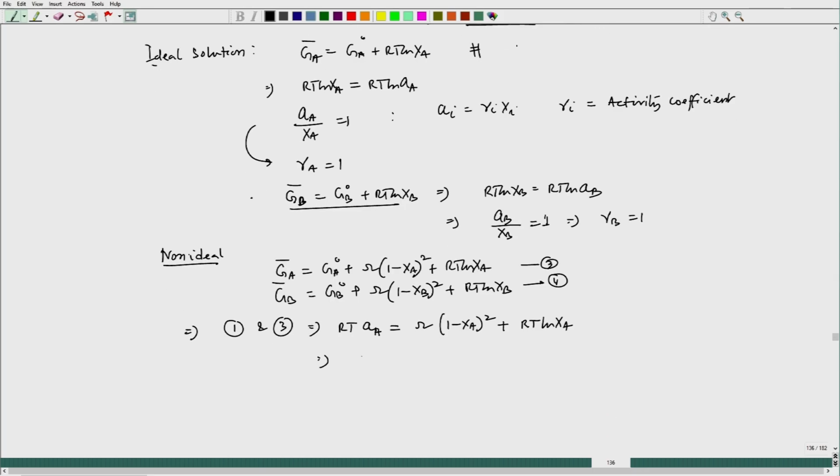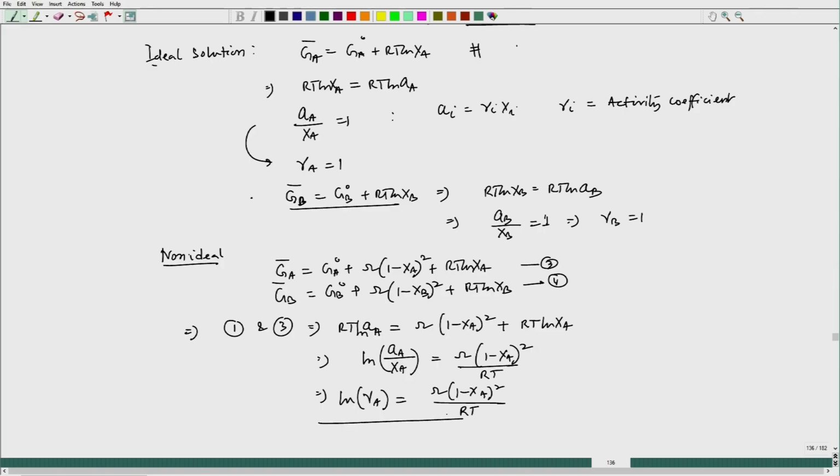So, we can write RT ln γA divided by XA equal to ω(1 − XA)². There should be an ln term, I have missed this ln term. So, ln γA equals ω(1 − XA)² divided by RT.